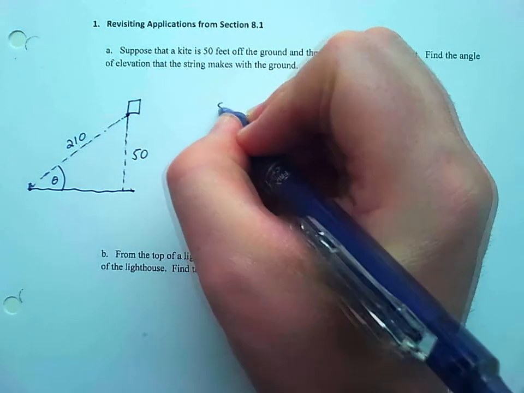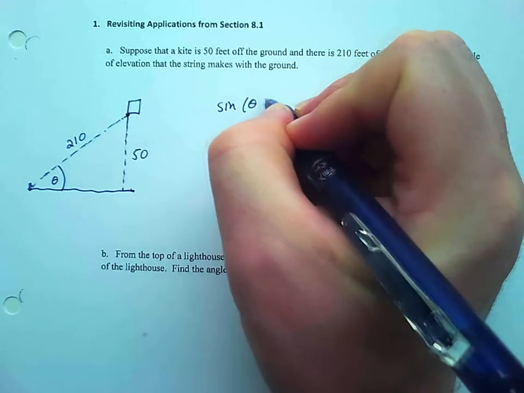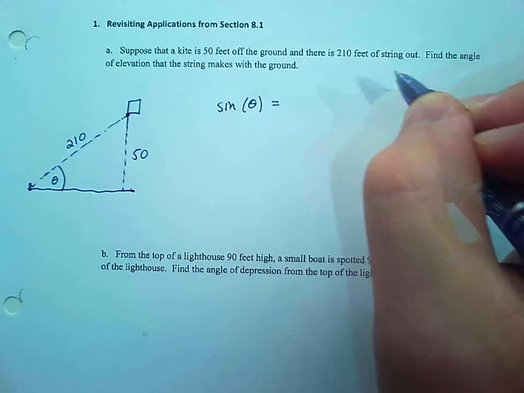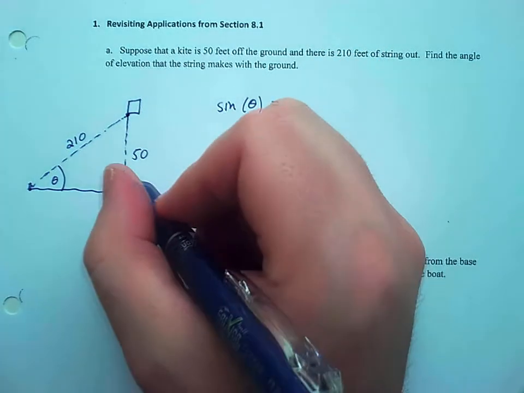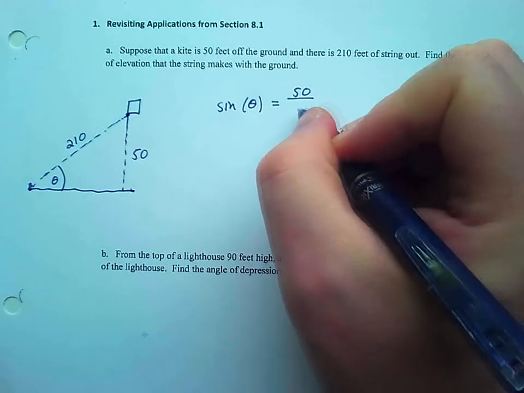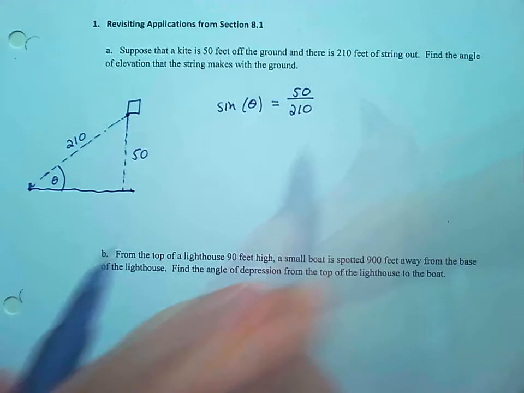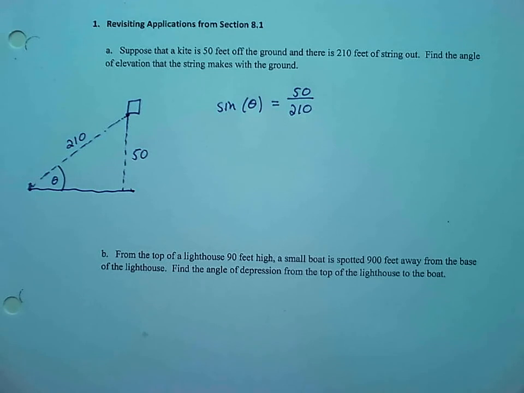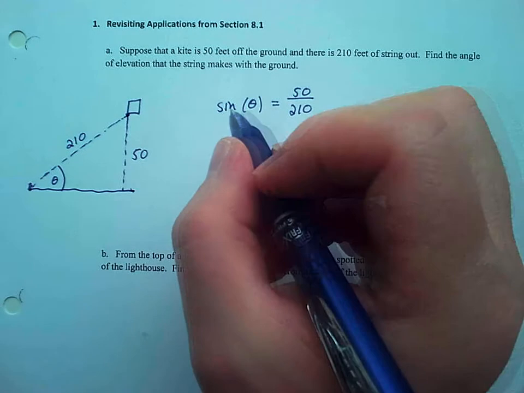Well, one of the things that we know is that the sine of theta is equal to the opposite over the hypotenuse. So it's going to be equal to 50 divided by 210. We're trying to find theta though.